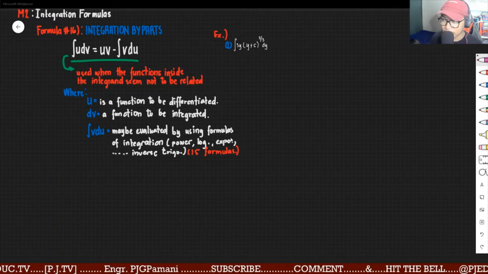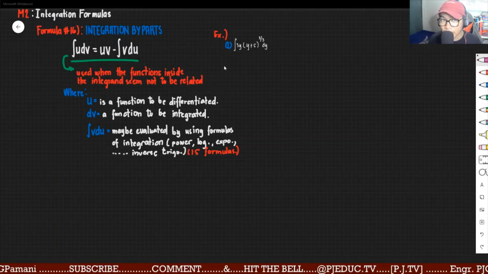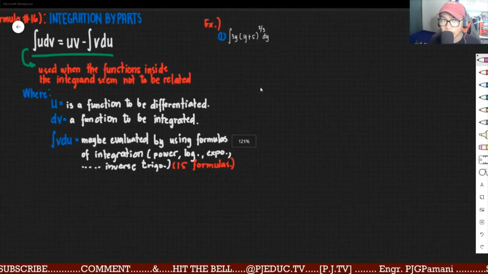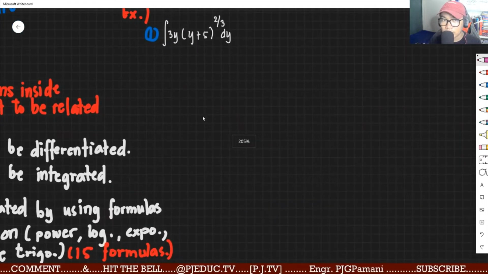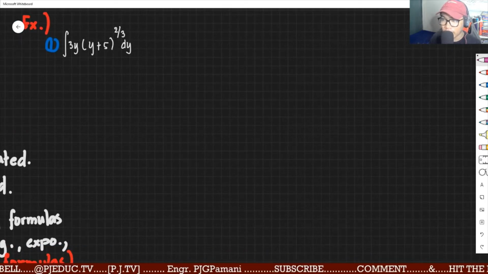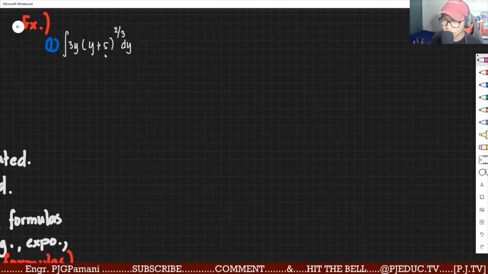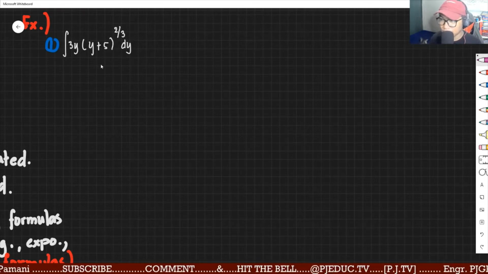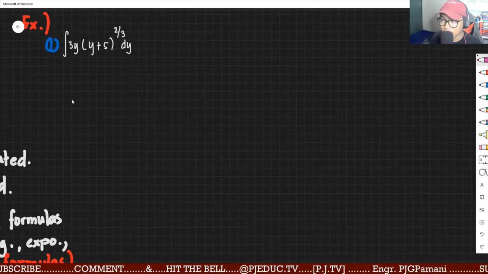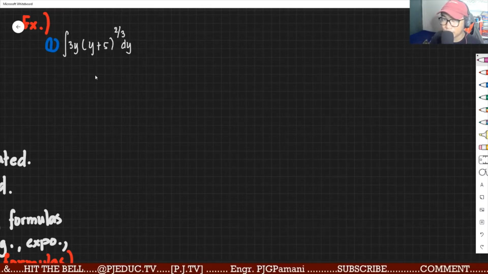We can use that here. As our first example, you are now given: evaluate the indefinite integral of 3y times (y plus 5) raised to 2/3. This particular integrand, again, seems like the terms are not related with each other.